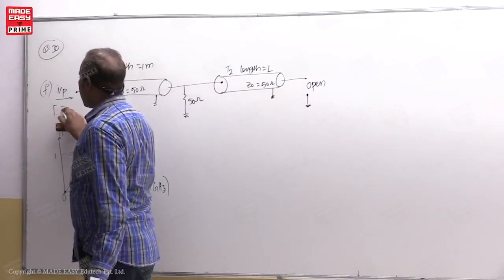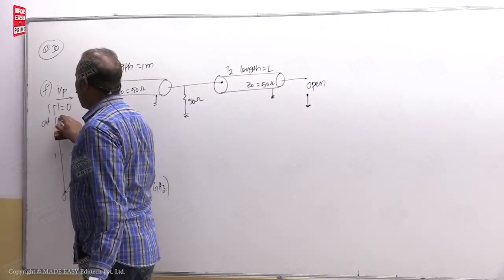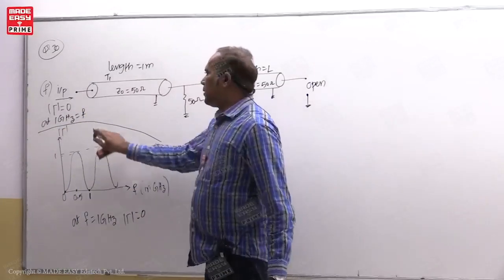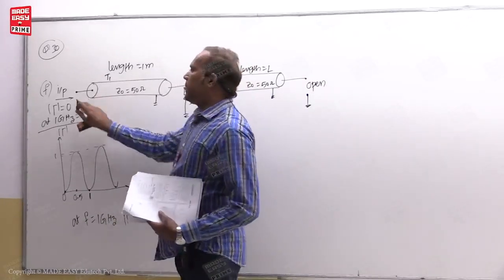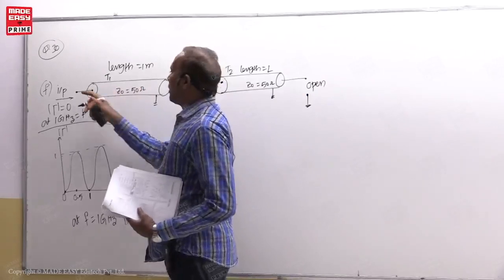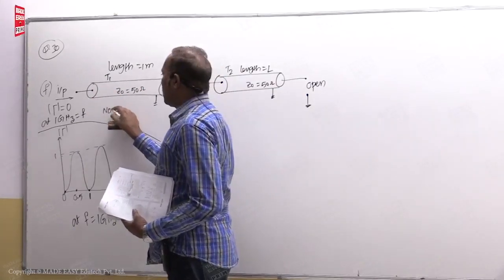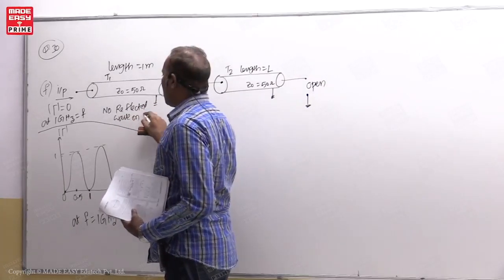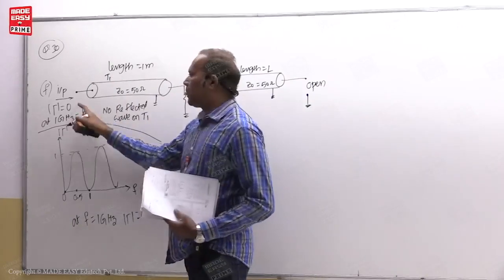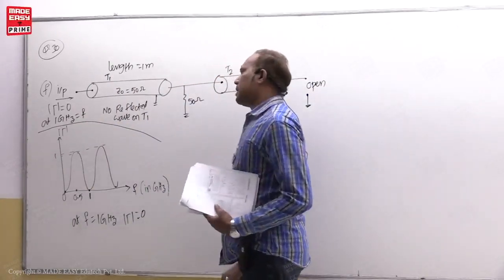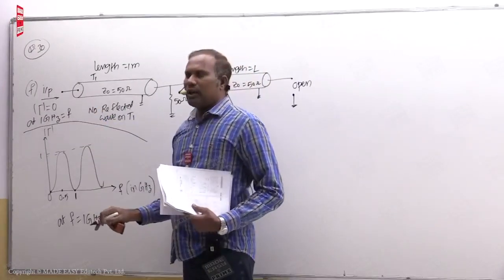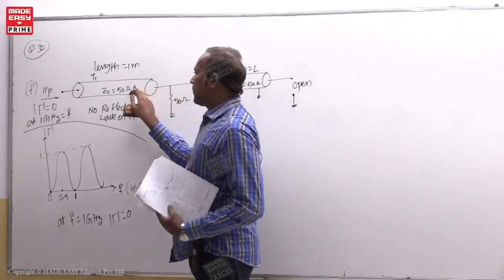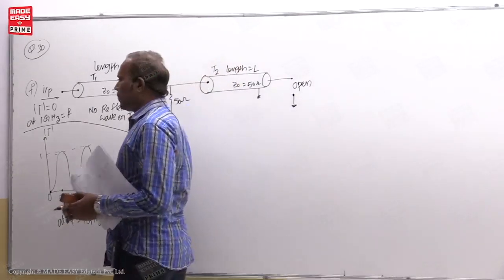So whenever mod gamma is 0 at 1 gigahertz frequency, for the input transmission line, gamma is 0 means there is no reflected wave on the transmission line. So that means no reflected wave on transmission line T1. So you can understand, student, reflection coefficient is 0 on the transmission line means the load impedance to this one is equal to the characteristic impedance, that is 50 ohm.